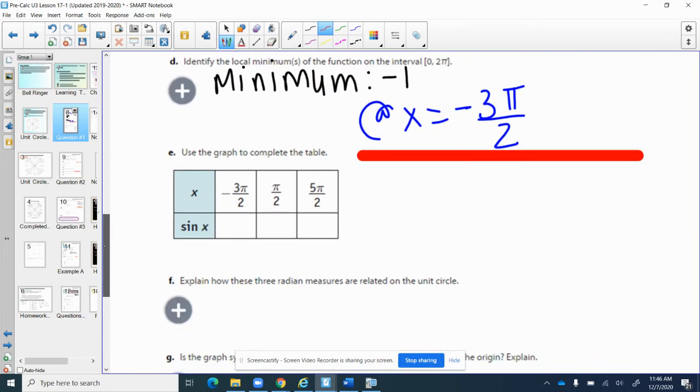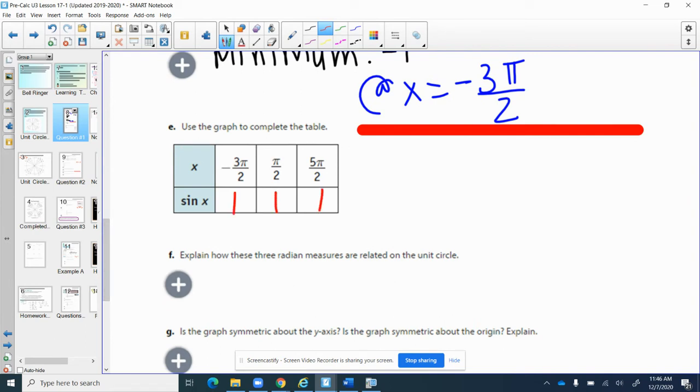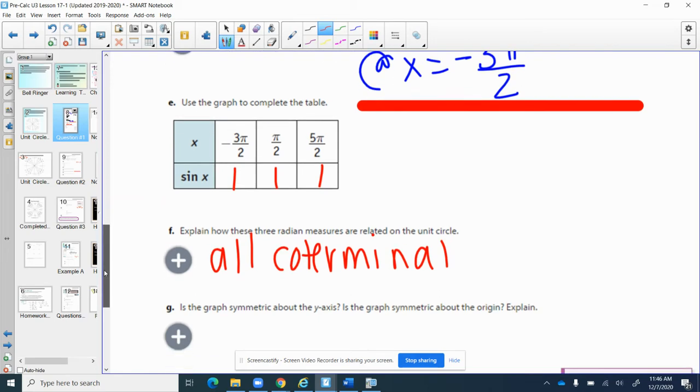The reason for that is the fact that they are all coterminal to each other. If we added or subtracted 2 pi to each of these, we would get the next answers. That makes sense why their sine is all the same, because as we move around the unit circle, they're at the same spot.